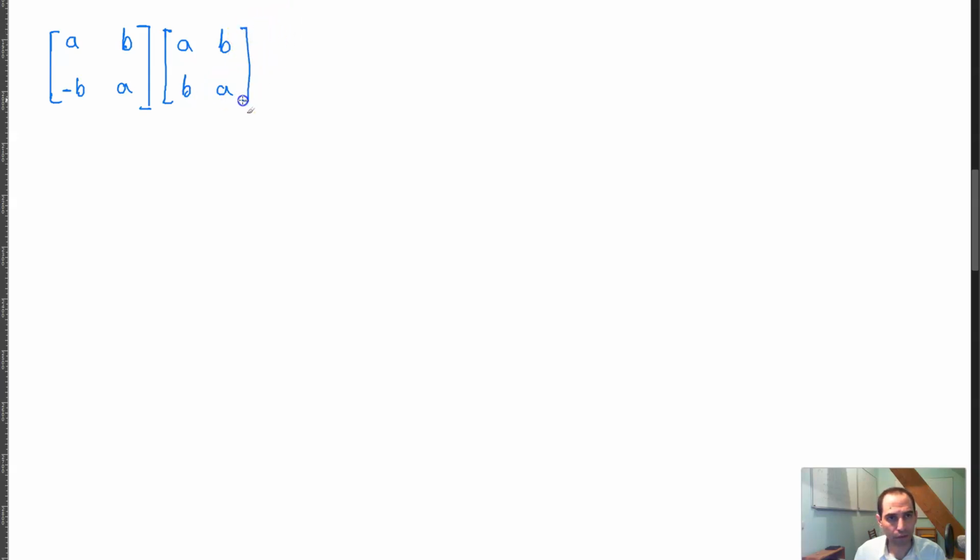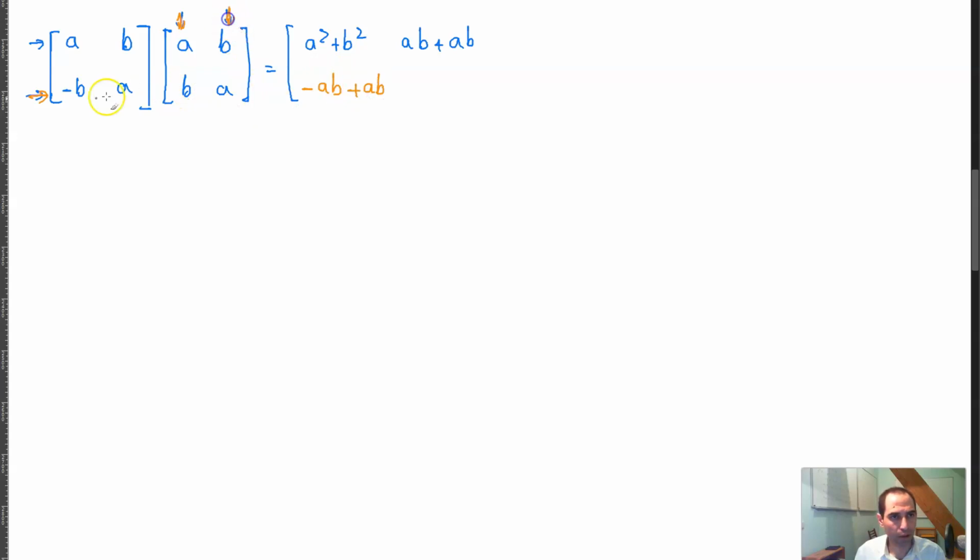Okay, so I can write it as, for example, this row, this column, I'll have a squared plus b squared. This row, this column, I'll have ab plus ab. This row, this column, I'm sorry, that's negative ab plus ab.